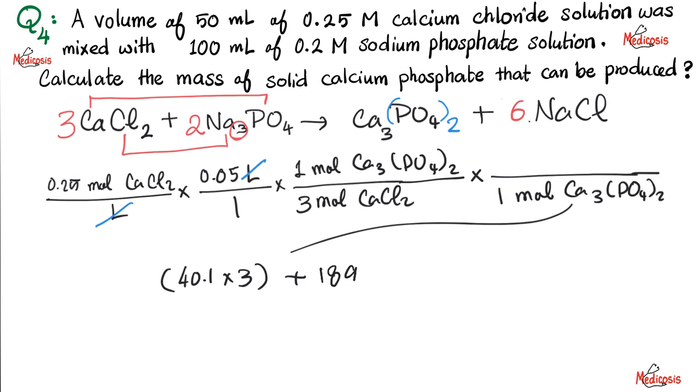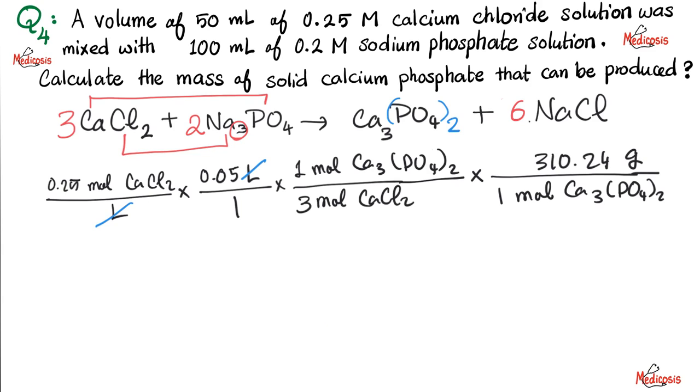You write this right here, and then we're going to multiply 40.1 by 3, and this is 120.3, plus 189.94 equals 310.24 grams, of course. I forgot to cancel moles CaCl2 with moles CaCl2.